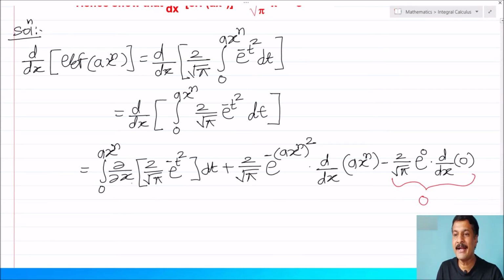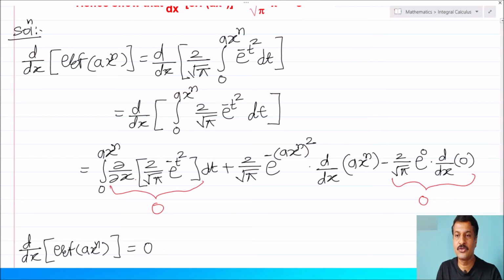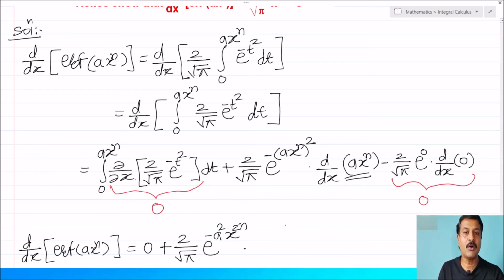Also the partial derivative with respect to x of the integrand is 0, because it does not contain x. Therefore, the left-hand side as it is, equals 0 plus 2 by root pi e^(-a^2 x^(2n)) into the derivative of the upper limit with respect to x.